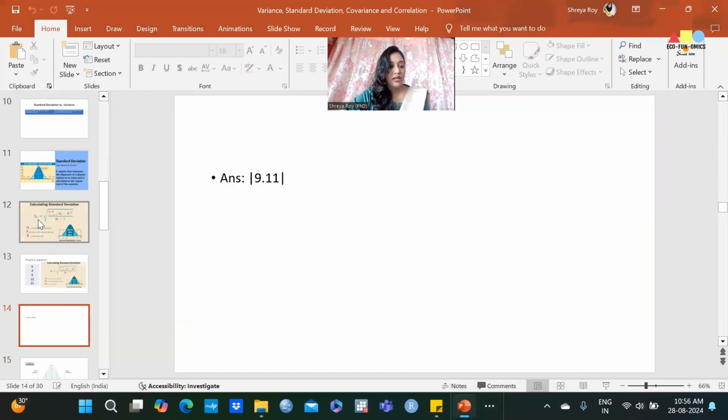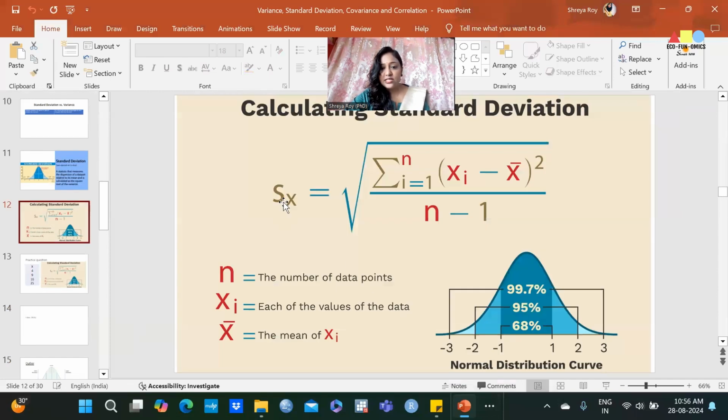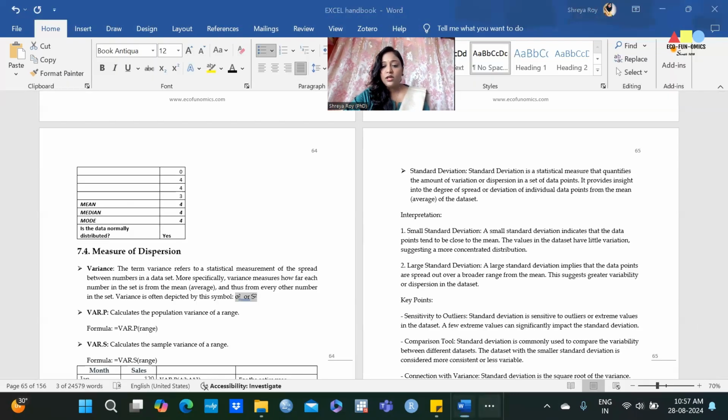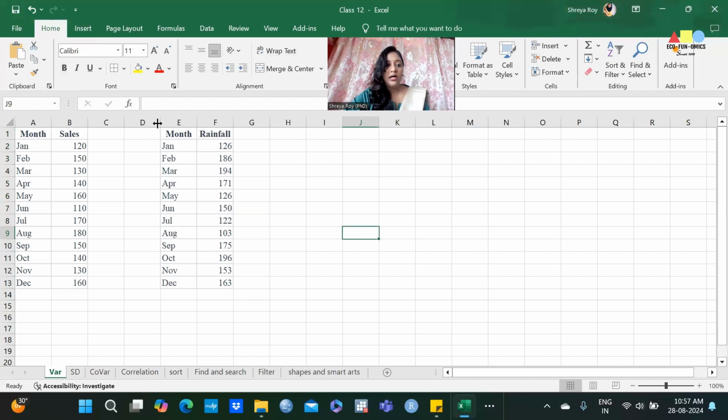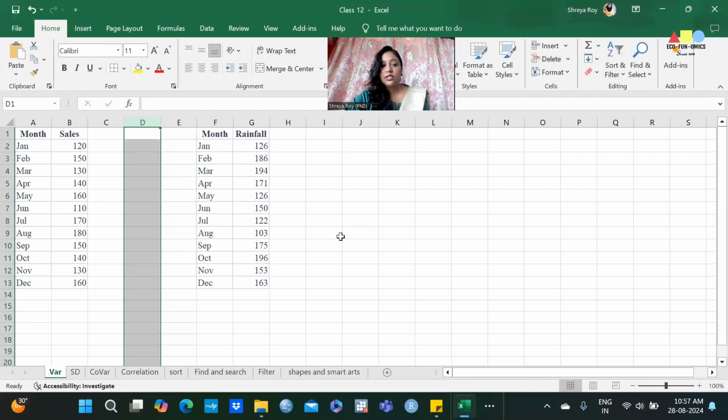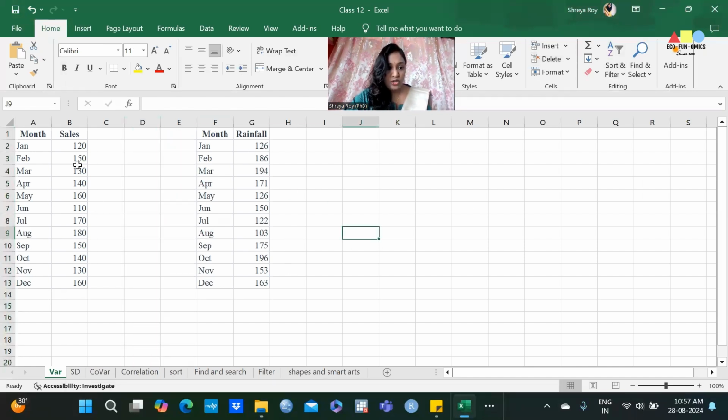Its formula is square root of variance. We will first understand variance and standard deviation and then move into covariance and correlation.